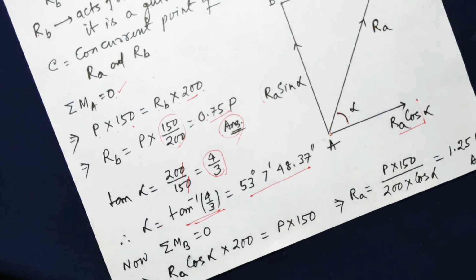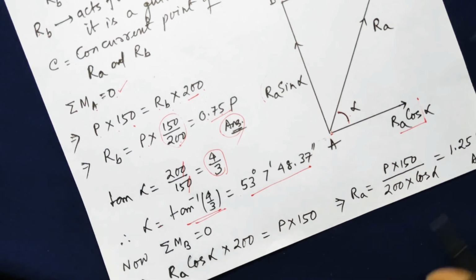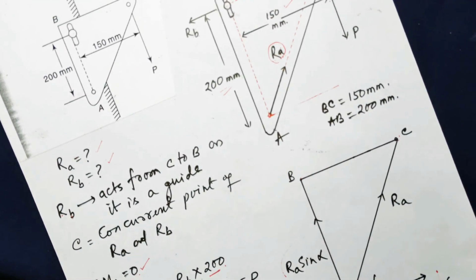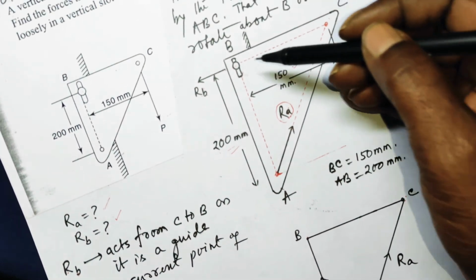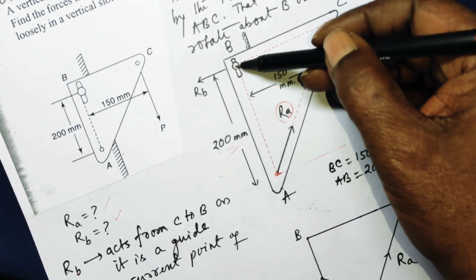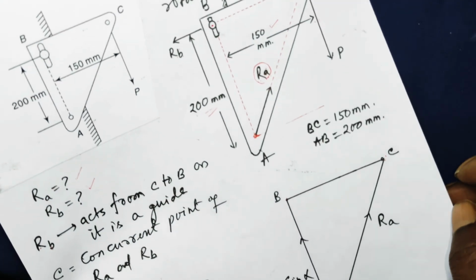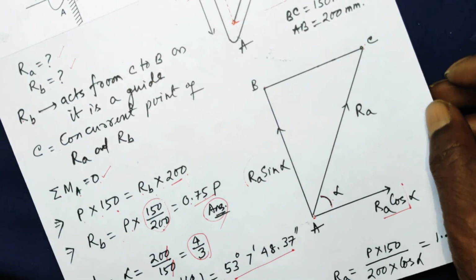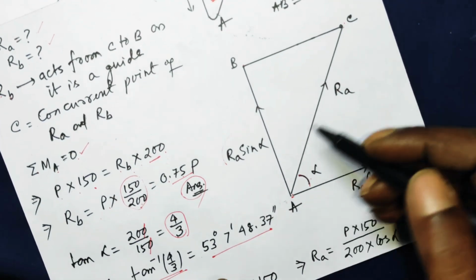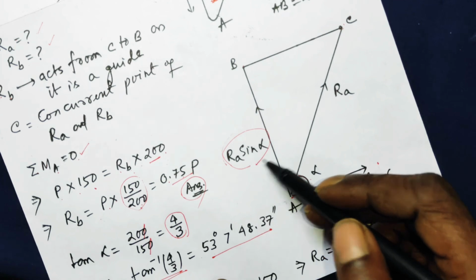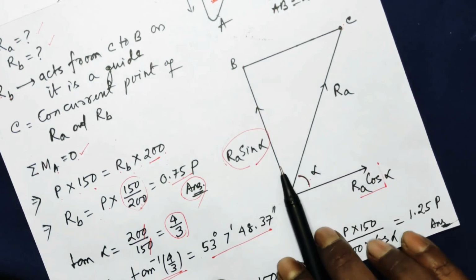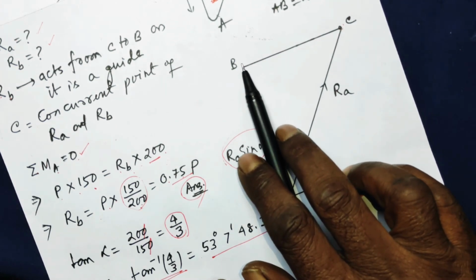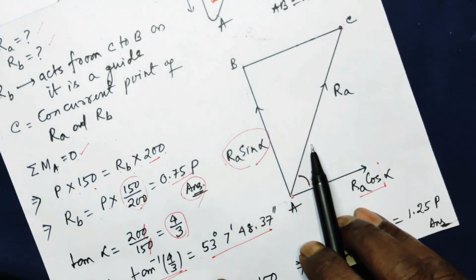Now, once that is found, let us take the moment of the forces about point B, that is, the turning effect of forces about point B. Now look, the direction of RA sin alpha from the point B doesn't have a perpendicular distance.